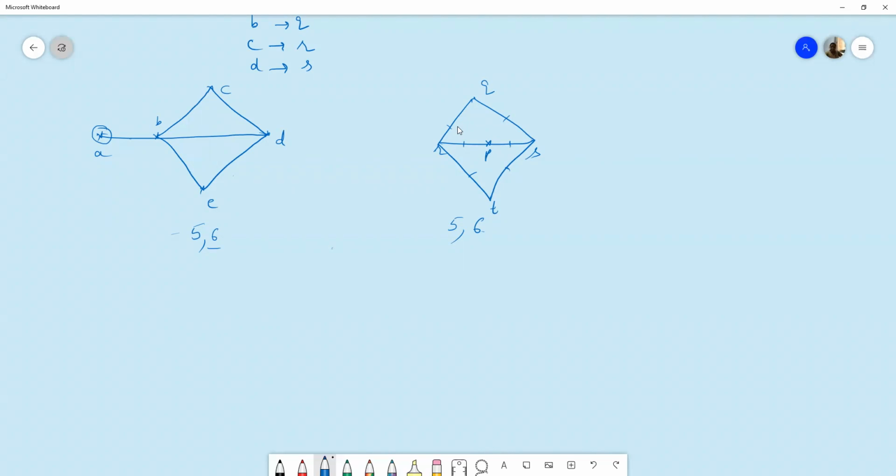So the degree sequence should be the same for two graphs to be isomorphic. If two graphs are isomorphic to each other, then the degree sequence is same. But if the degree sequence of two graphs is same, then still we cannot say that the two graphs are isomorphic to each other. Now let us take this example.